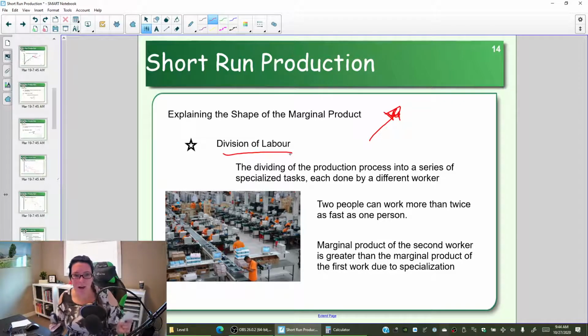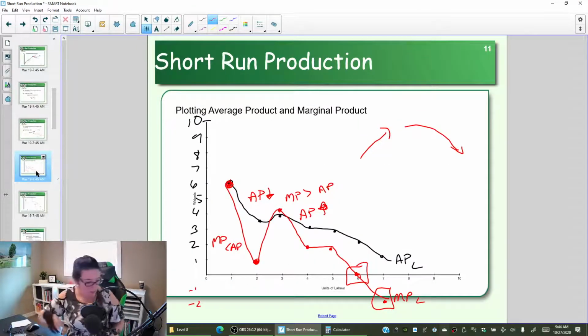So when we look at our demo, when we hire people and we give them a unique task, then our marginal product goes up. We can see here in our demo that the marginal product went up when they hired the 3rd worker.